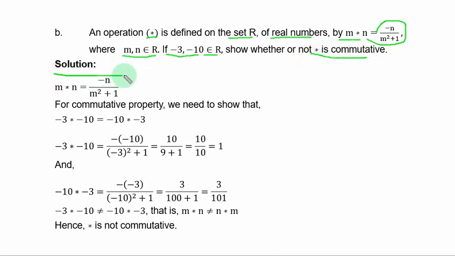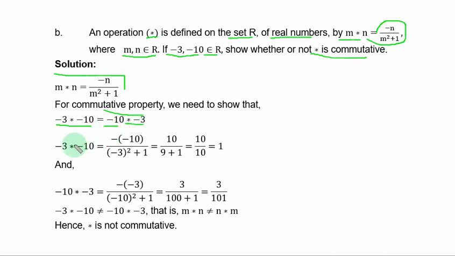This is the given operation. For commutative property, all you have to do is to show that minus 3 star minus 10 is equal to minus 10 star minus 3. That is simply interchanging the position of the elements.